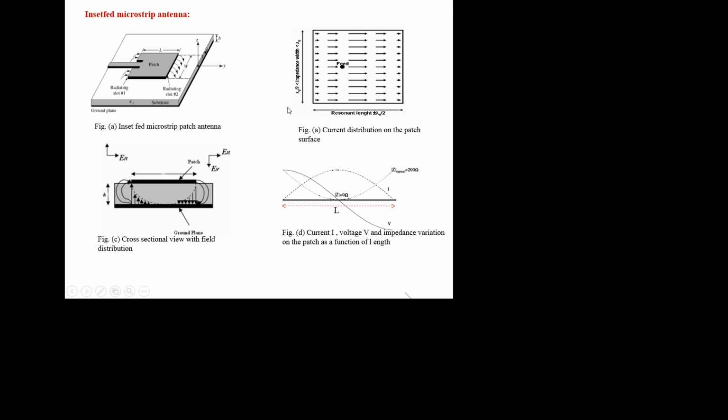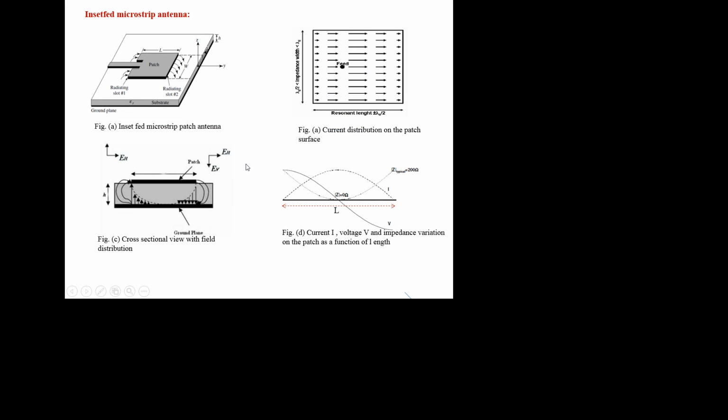Okay, so once the source is connected to the patch antenna, we can observe this current distribution, voltage and impedance variation as a function of the length of the patch antenna. This is a cross-sectional view of the patch antenna.